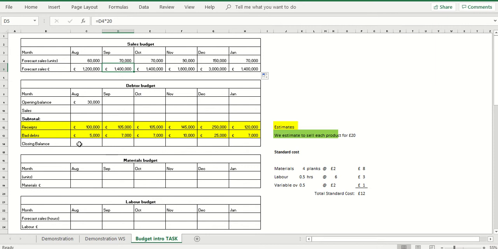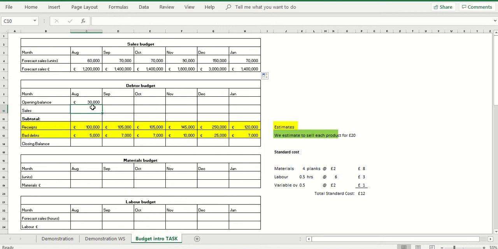So it's fundamentally going to show down in the closing balance how much our customers owe us at the end of any given month. We start out with our given starting figure of £30,000, which means that at the beginning of August, our customers owe us £30,000.